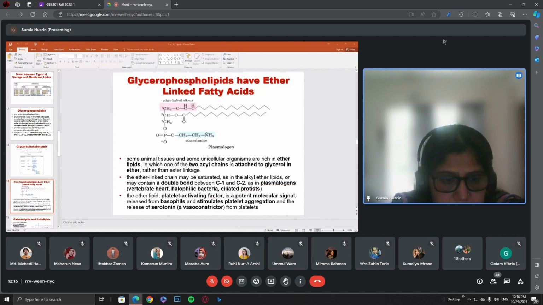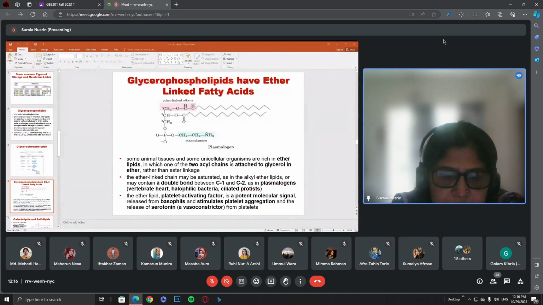This type of plasmalogen is especially present in animal tissues, especially we can talk about the vertebrate heart, even unicellular organisms such as halophilic bacteria, ciliated protozoa. They have this special glycerophospholipid which has ether linked fatty acid.